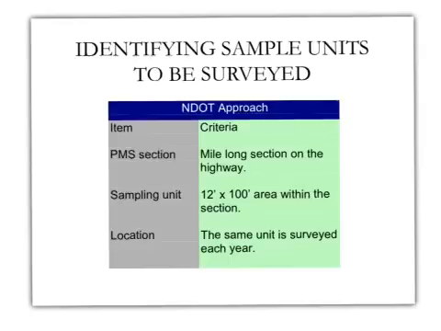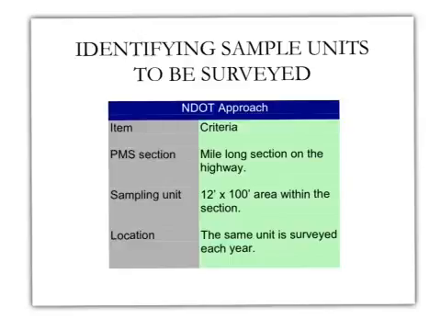Here, based on my previous experience with the Nevada DOT, this is the identification of the sample unit that they use over there. For example, when it comes to a PMS section, the criterion here is we need to have a mile-long section on the highway.